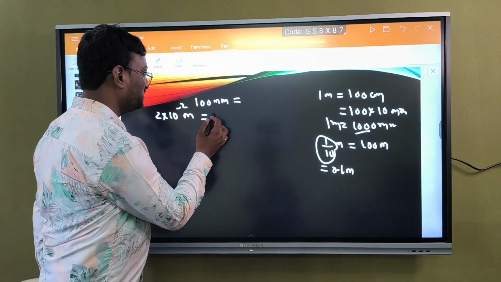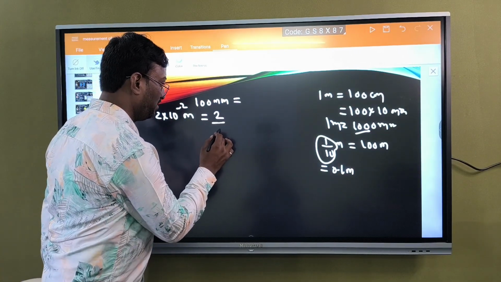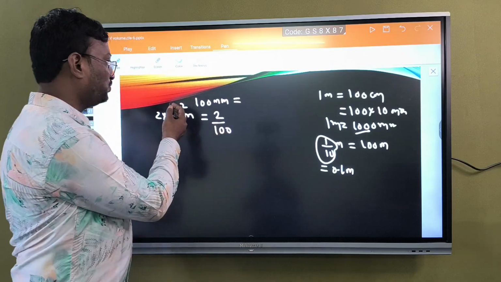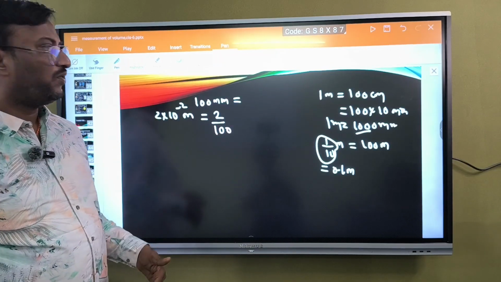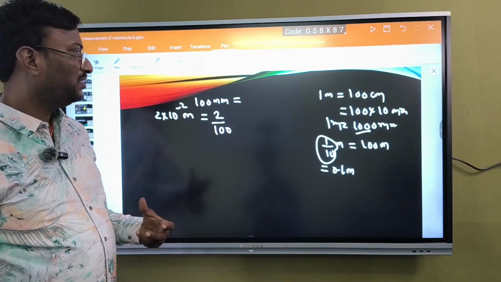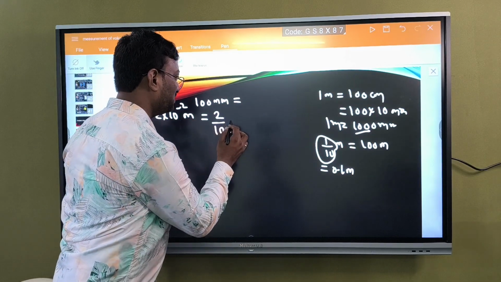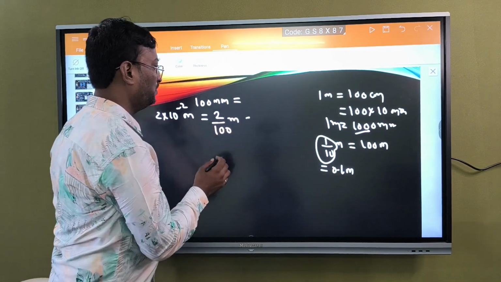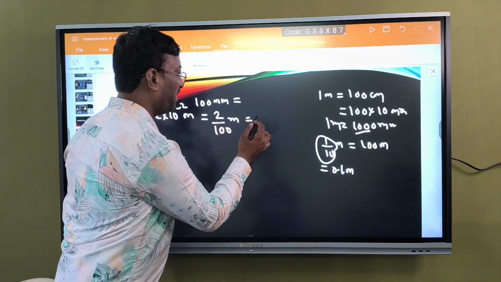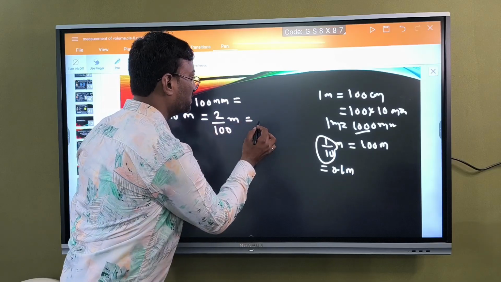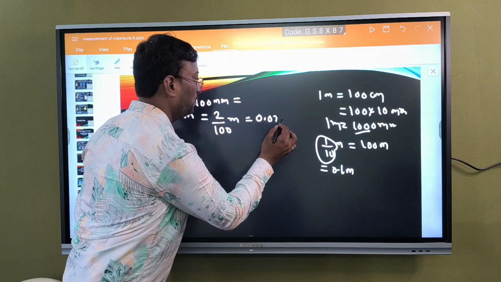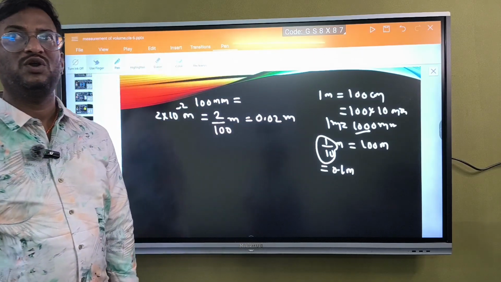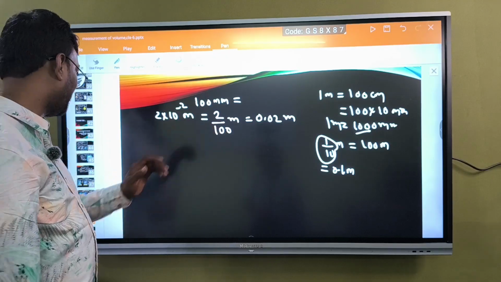How we can write it is, this can be written as 2 by 100, because 10 power minus 2 can be written as 1 by 10 power 2. 10 square is nothing but 100. 2 by 100 meters, that will be equal to 2 by 100. If you divide it, with two decimals, that is 0.02 meters. Okay, 0.02 meters, that is the second one.